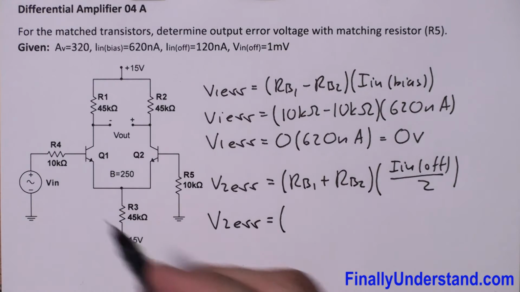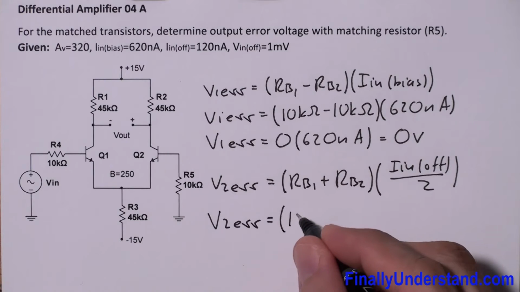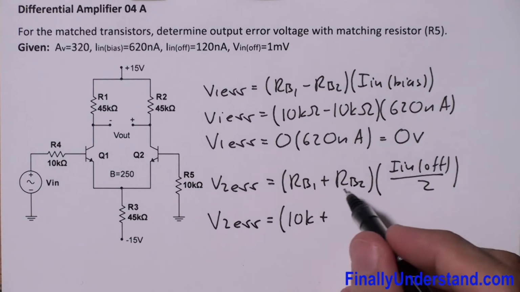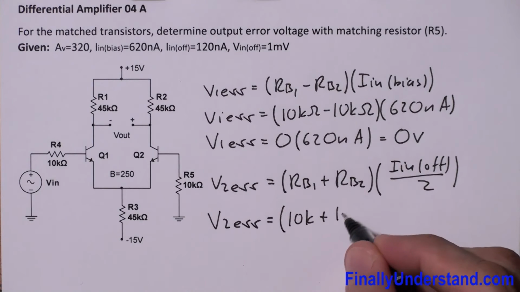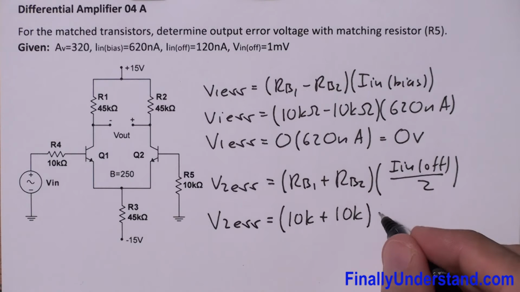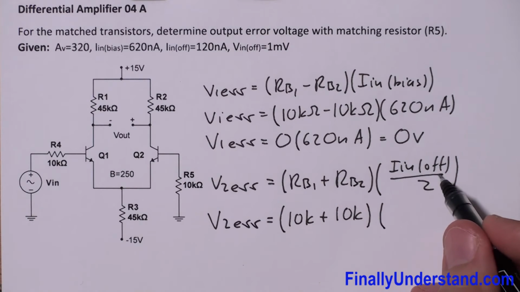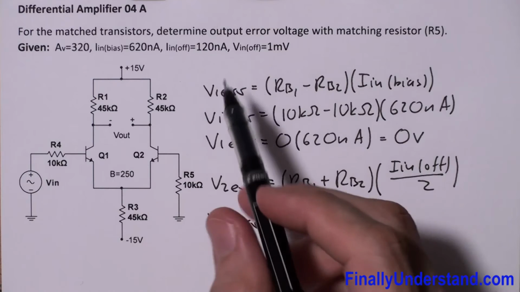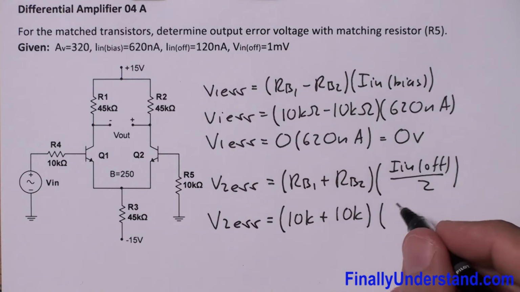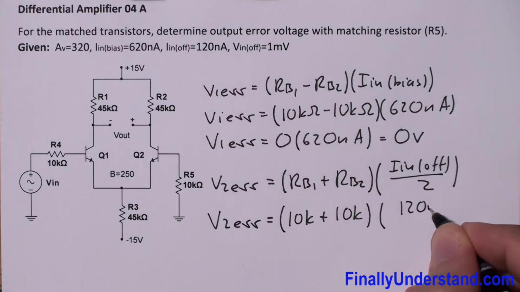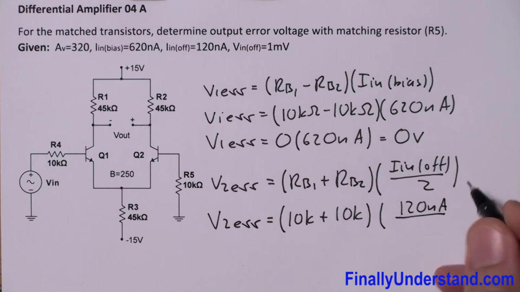So I have V2 error is equal to RB1, 10 kilo ohms, plus RB2, 10 kilo ohms, and the input offset current is 120 nanoamps, and everything divided by 2.